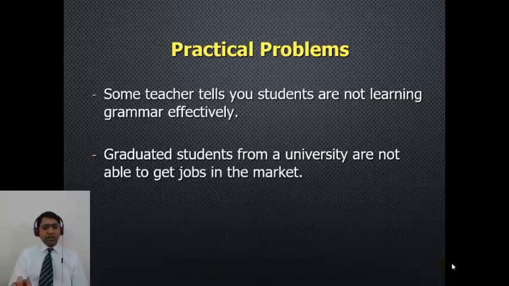Then you can come back and suggest to the university that if you have some kind of activities to improve the confidence level of the students or improve their spoken English, then their acceptability, their employability will increase a lot. Okay, so somebody told you a practical problem, and then based on that broader idea, you develop your research.